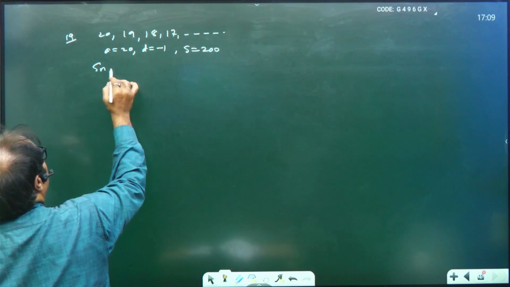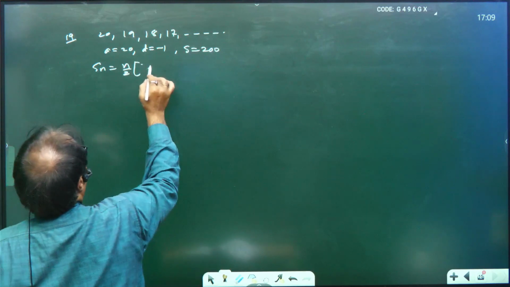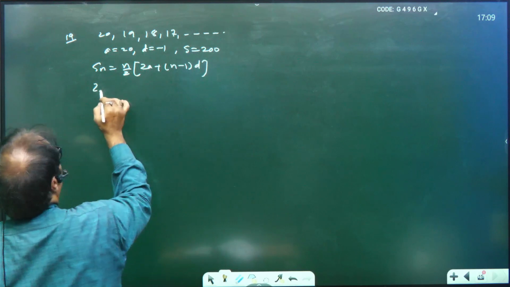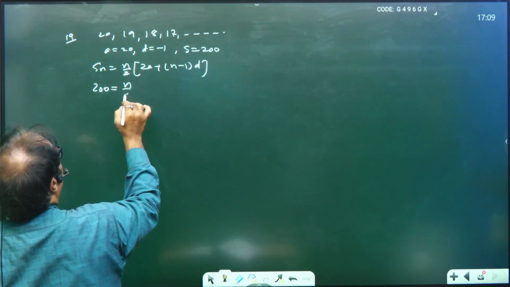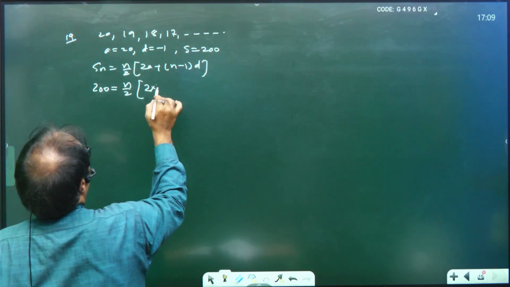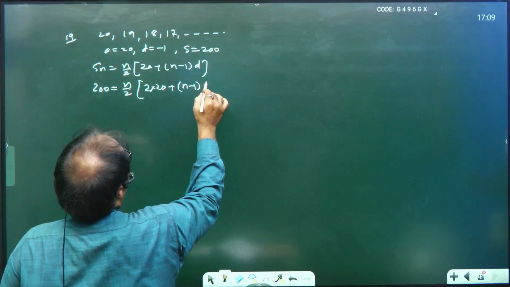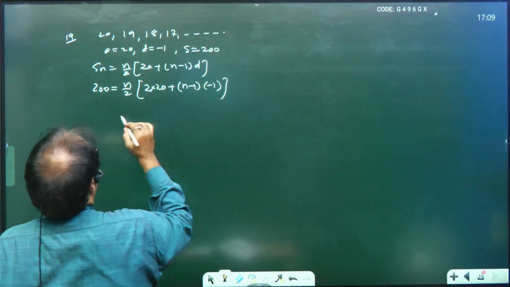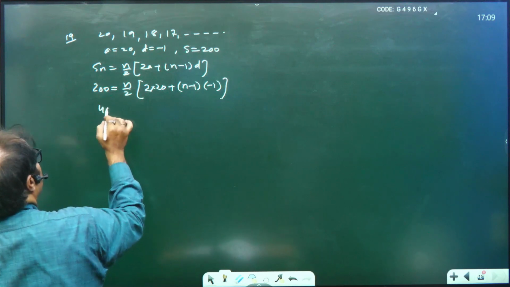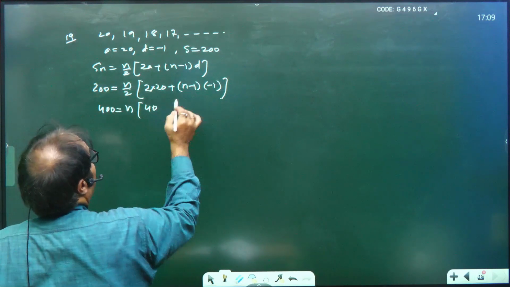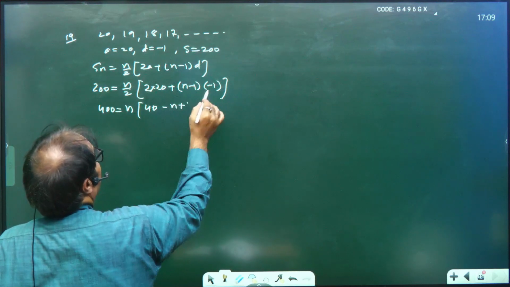So Sn is equal to n by 2 into 2a plus n minus 1 into d. So 200 is equal to n by 2 into 2 into 20 plus n minus 1 into d, which is minus 1. Okay. So by cross multiplication, this is 400 is equal to n into 40 minus n plus 1.